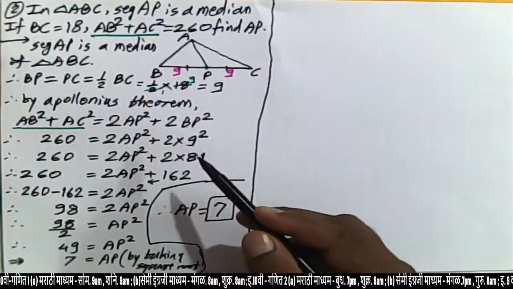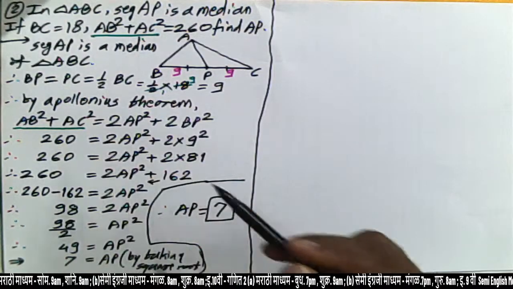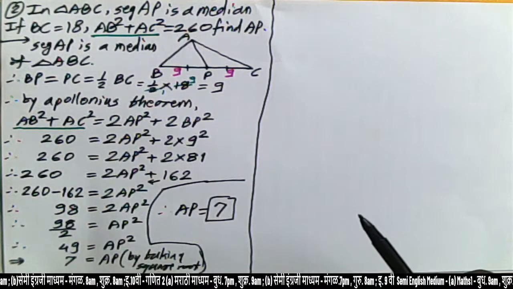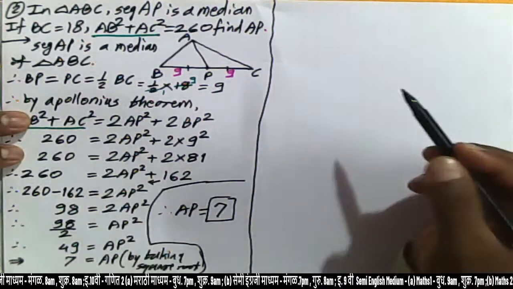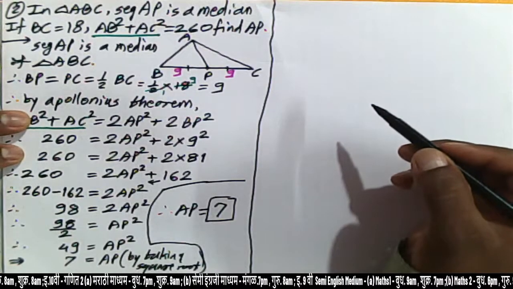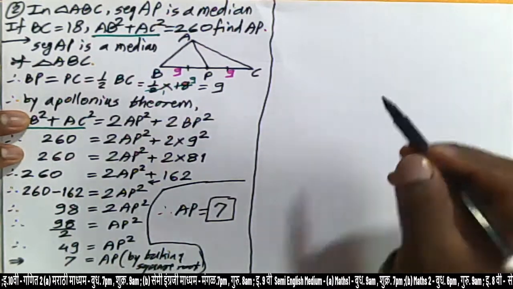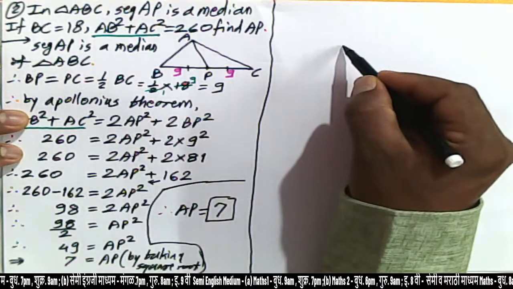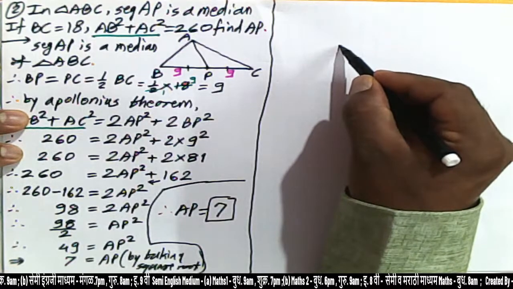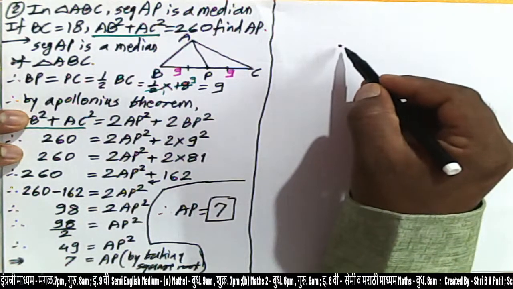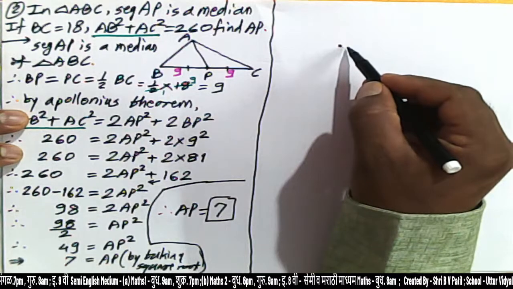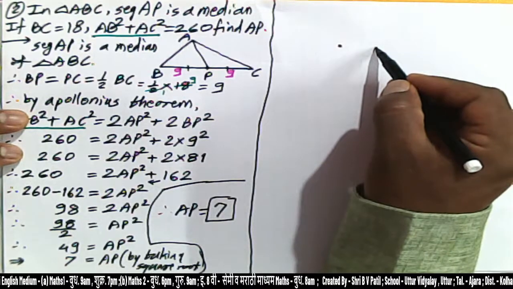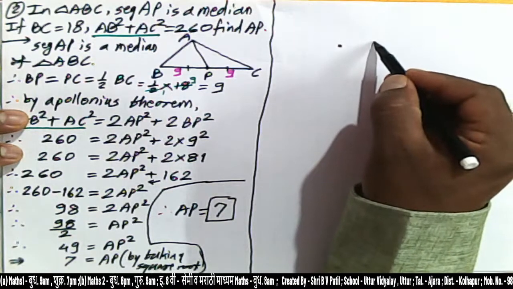In this way, we can solve that example. Here we take one point and take another point at a distance of 2 centimeter, means here or here or in this way.